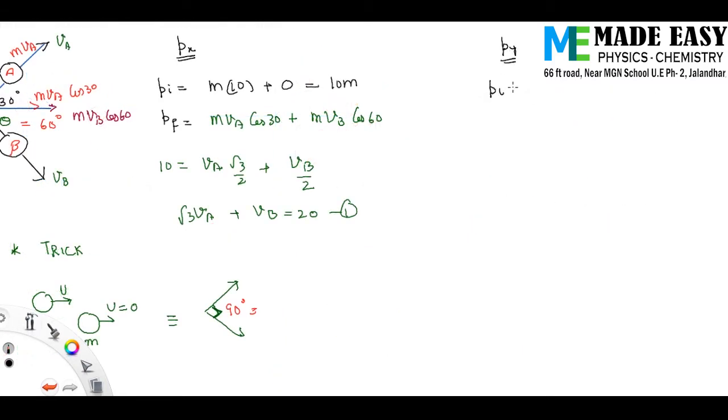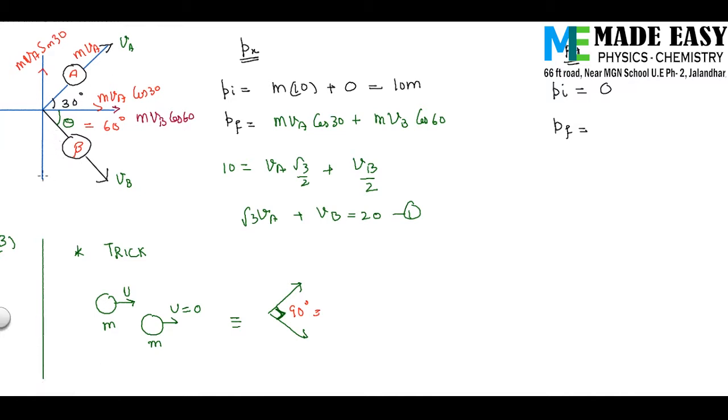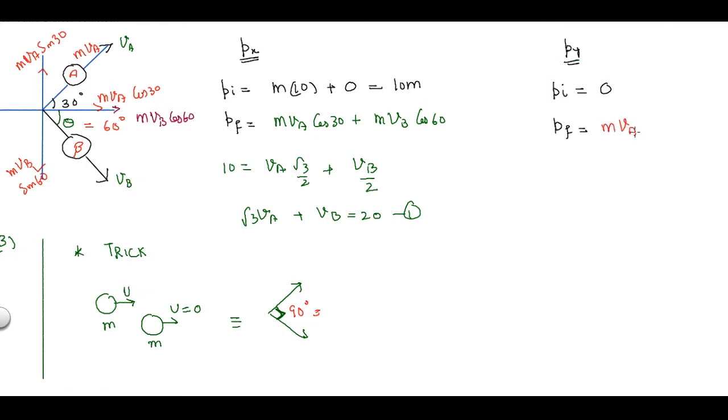Let's talk about momentum along the y-axis. The initial momentum of the system along the y-axis was 0. Let's resolve these momentums along the y-axis. It's pretty easy. The y component of this momentum is m VA sin 30, and similarly you can resolve the other, which gives m VB sin 60. So the total final momentum along the y-axis is m VA sin 30 minus m VB sin 60.